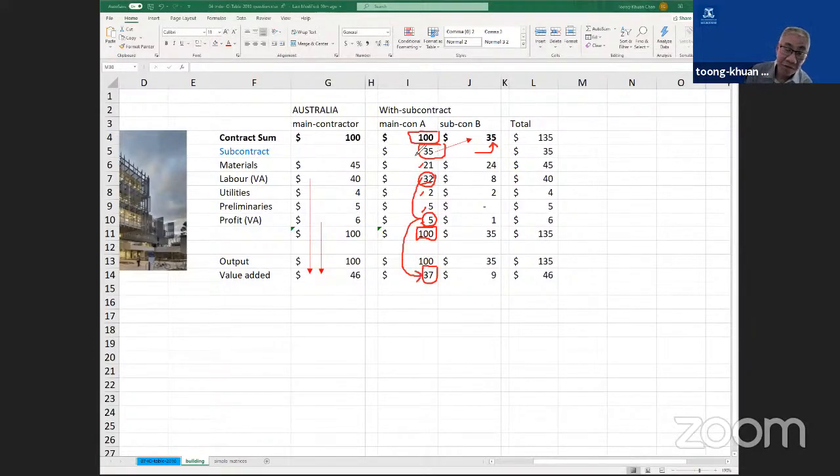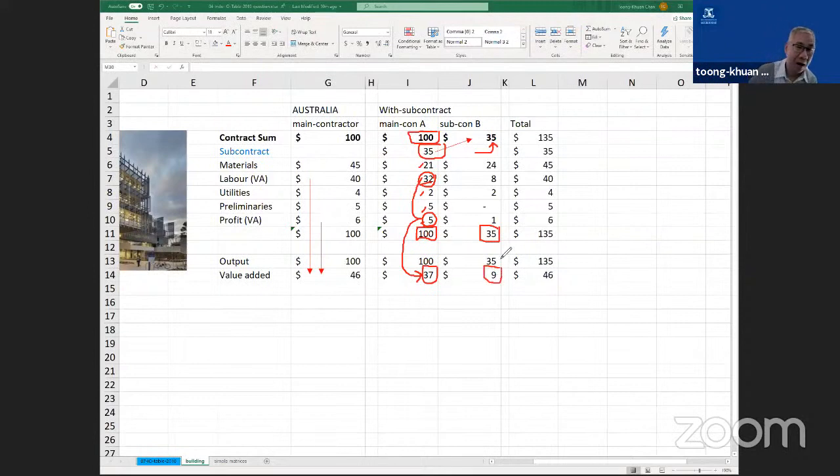Now, out of the 35 million that was subcontracted, the subcontractor has to spend money on materials, on labor, on utilities, and makes a profit of 1 million. So the total subcontract sum is 35, and out of the 35, value add is 9.